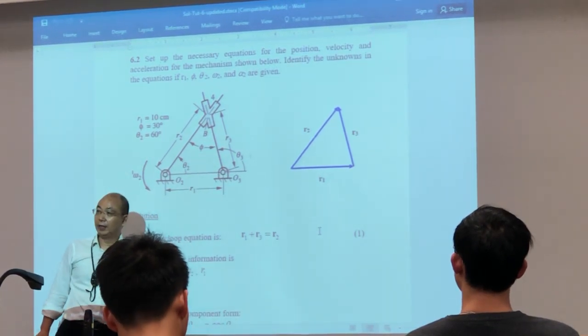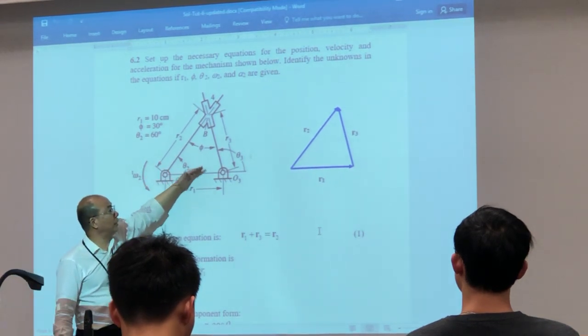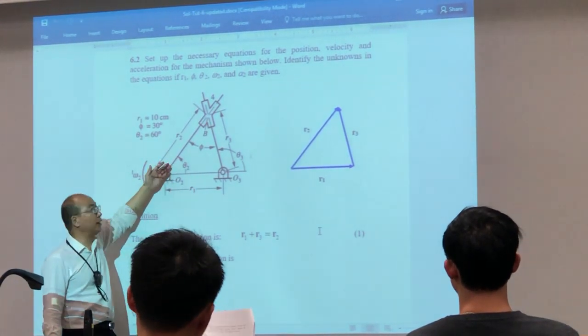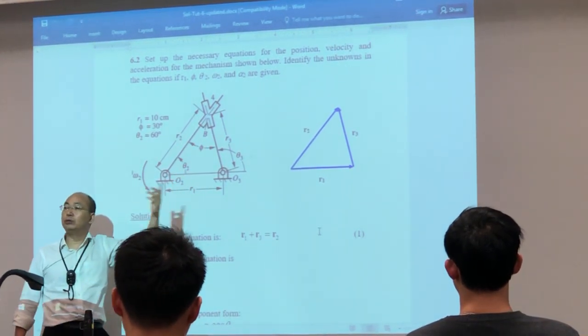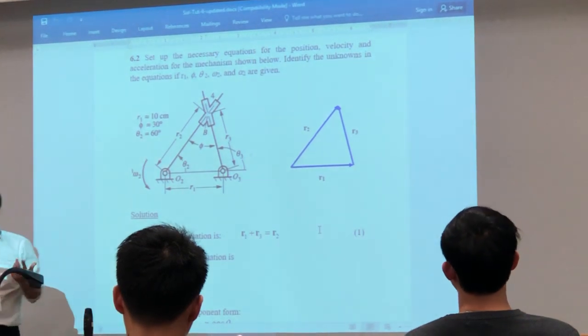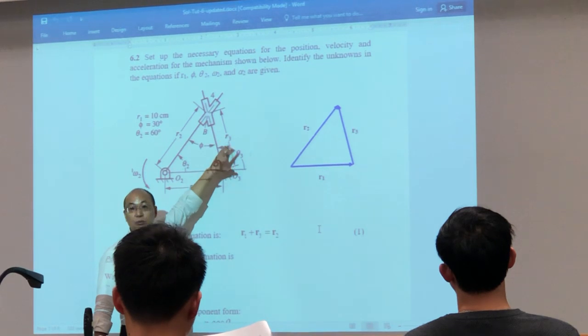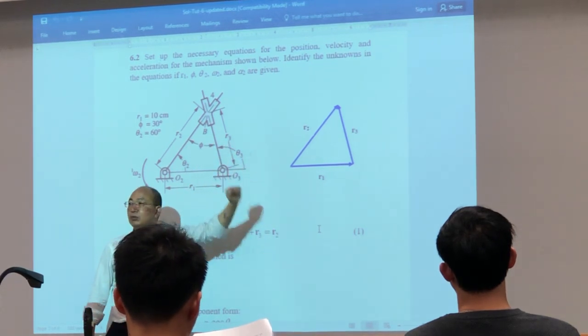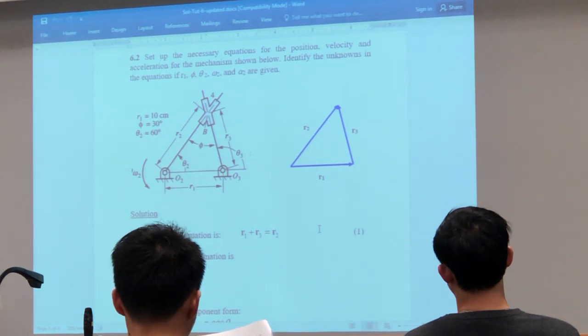So then what is the unknown? When this mechanism is moving, you can say R2, because the slider is sliding, will change. So R2 is one unknown. How about R3? R3 is also moving, it's changing, so R3 is unknown. So basically you have two unknowns, R3 and R2.